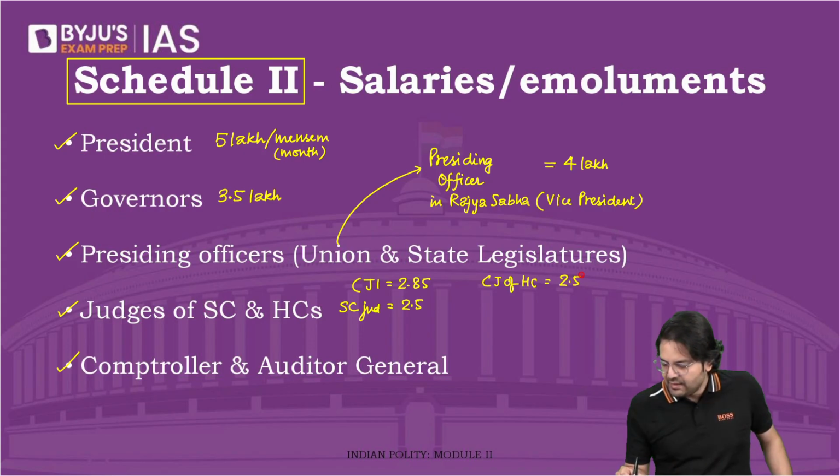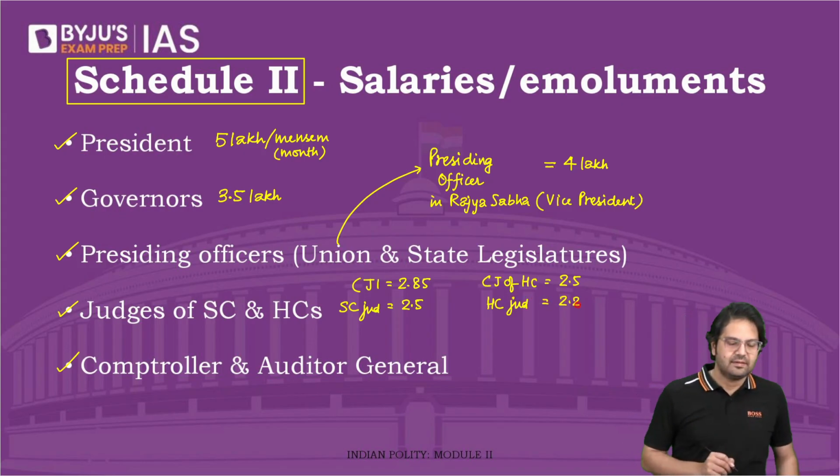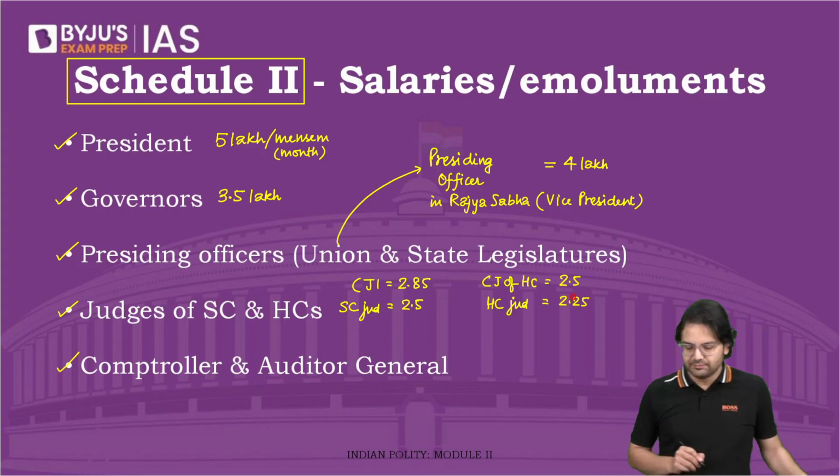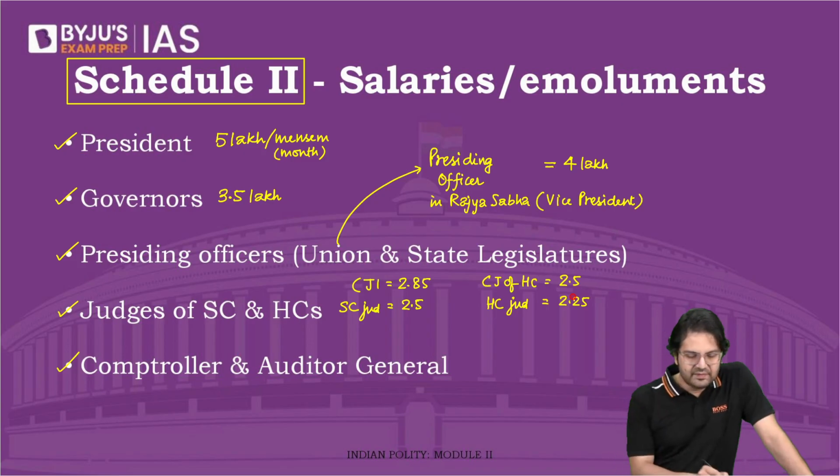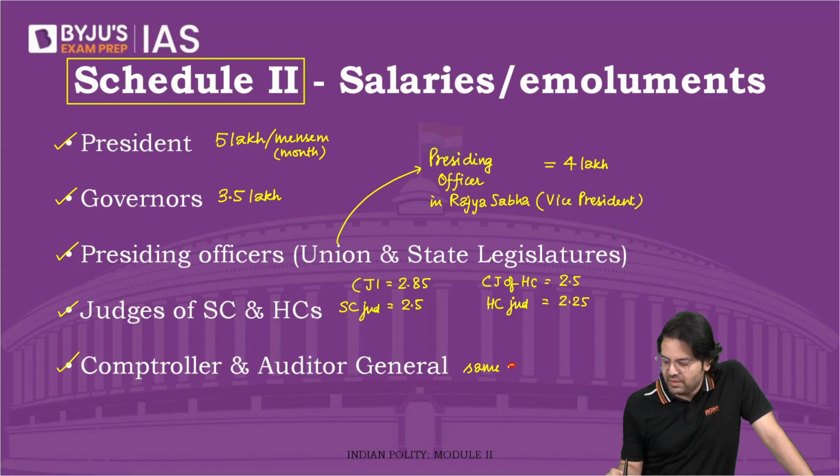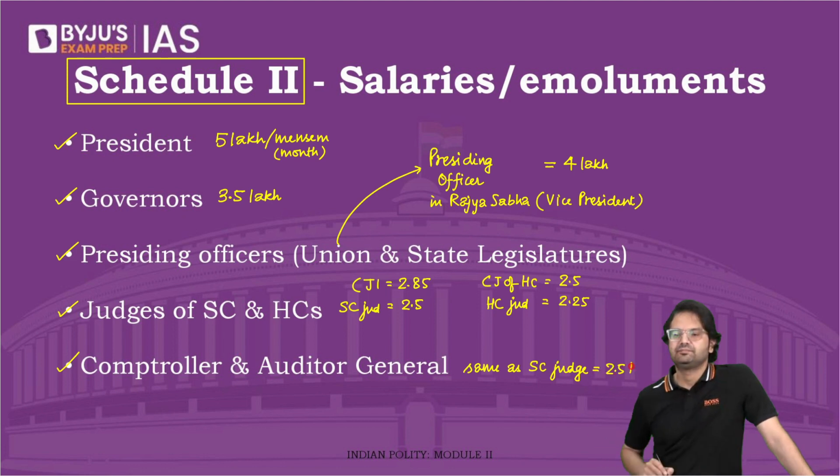Then other High Court judges, their salary is 2.25 lakhs. Clear? Okay. Then CAG, Comptroller and Auditor General, same as a Supreme Court judge, which is 2.5 lakh.